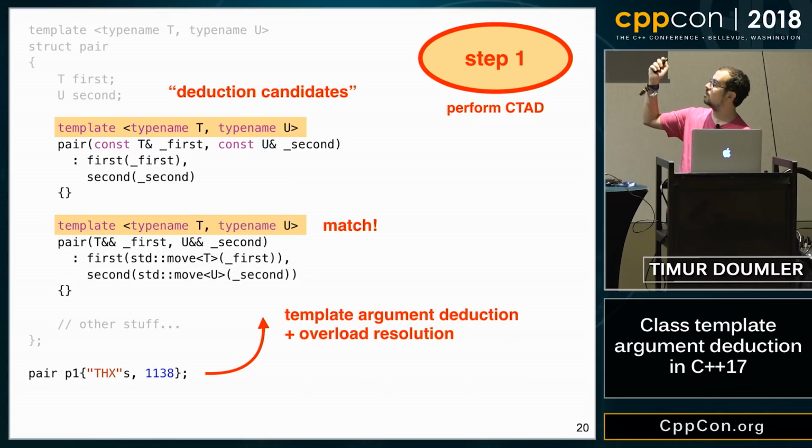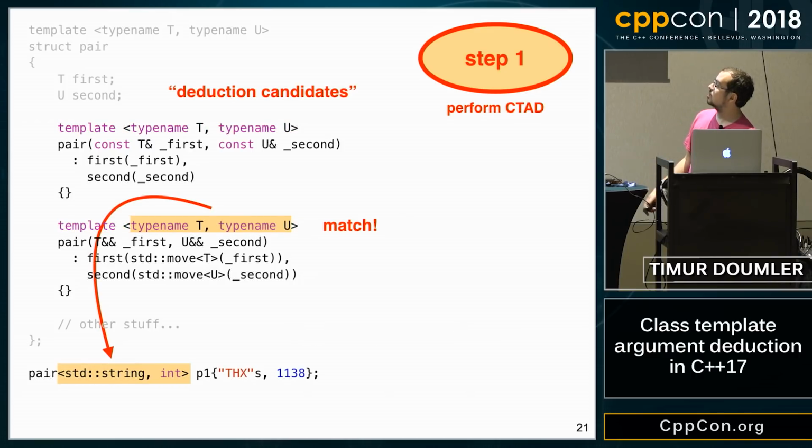We have two template arguments which you're going to deduce from the two arguments that you've given the function. So this is going to deduce string and int for T and U. And we're going to inject this back into the call and say, okay, now we know what class it is. This is all just used to determine what class you're actually trying to instantiate.